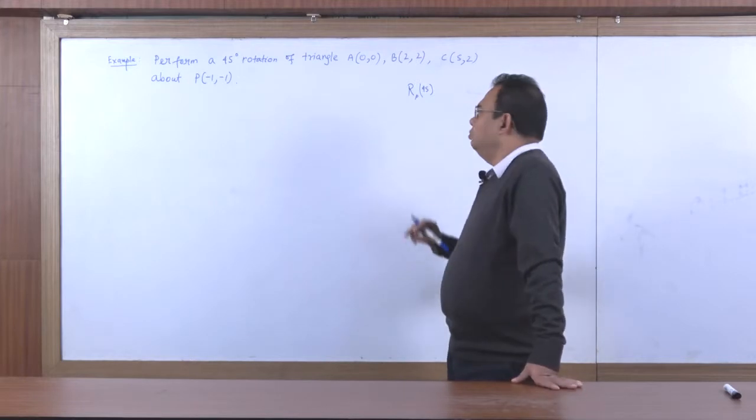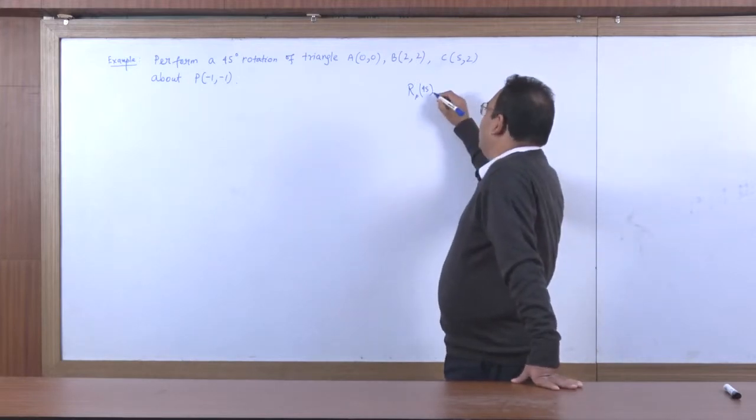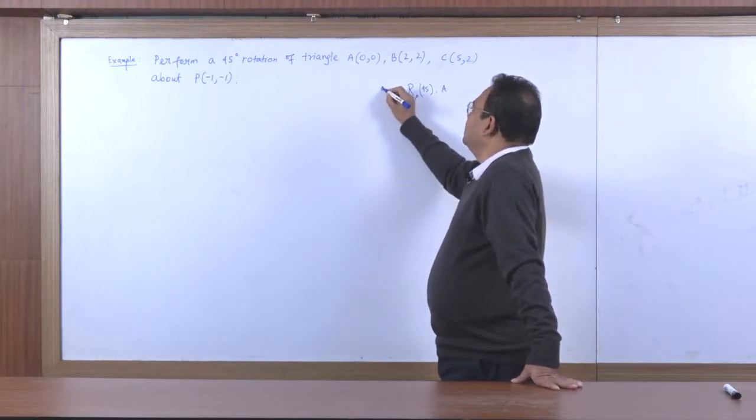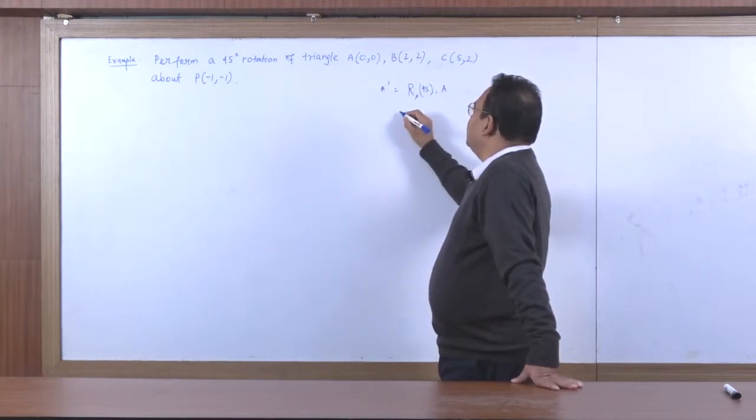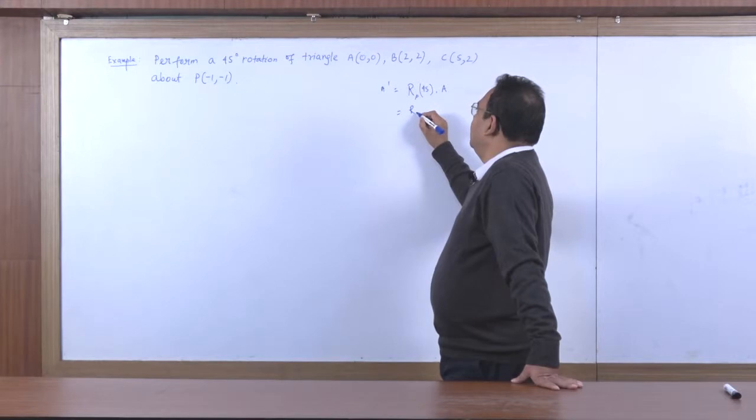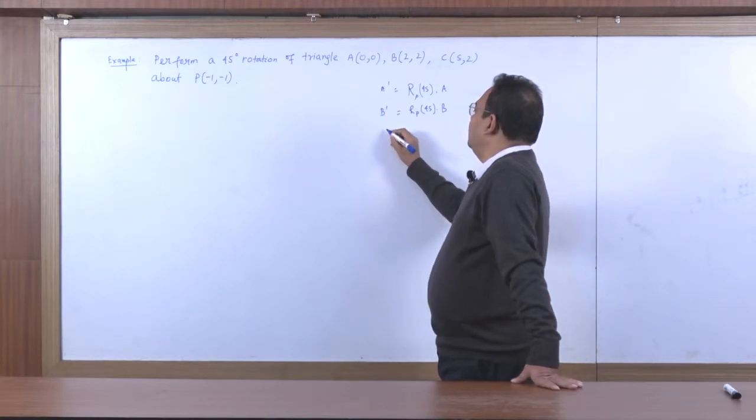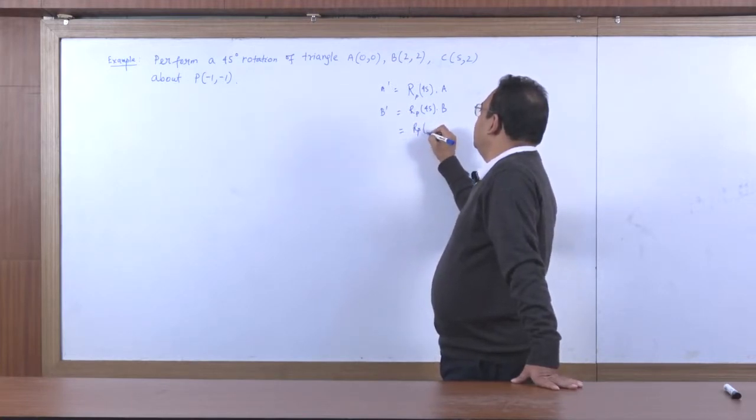We can apply this operator on A, and we will get A dashed. We can apply the same operator R_P,45 on B, we will get B dashed, and the same operator is applied on C, we will get C dashed.